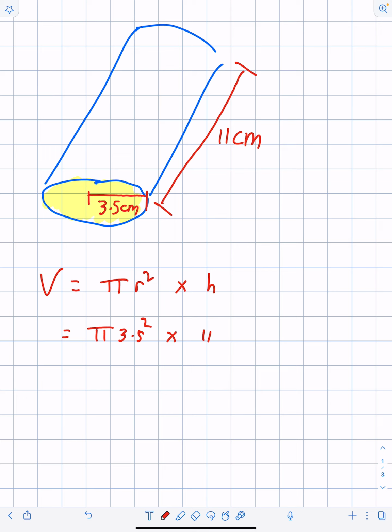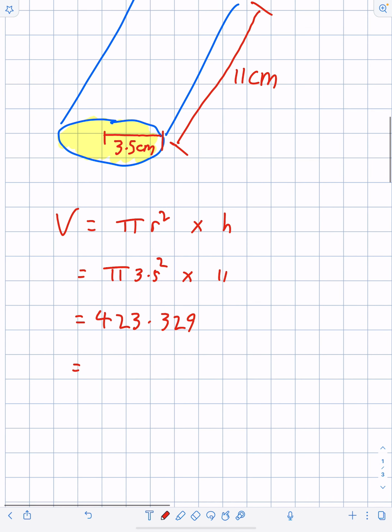So we'll use our calculator. And so we've got pi times 3.5 squared times 11, and that gives us an answer of 423.3296, which to two decimal places is 423.33.